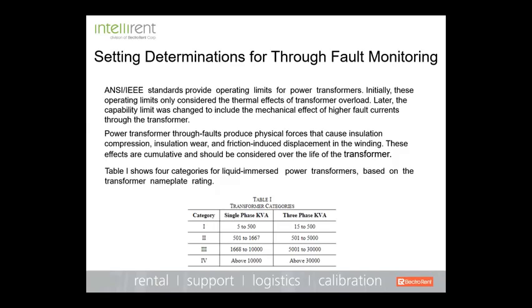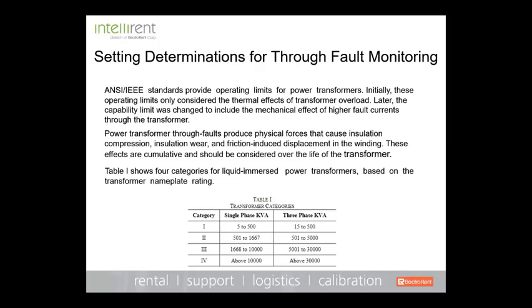So basically, power transformer through faults produce physical forces that can cause excessive compression in the windings, insulation wear, and friction-induced displacement. And the way you would set a through fault monitor has mostly to do with the category or the rating of the transformer in terms of what it can withstand.